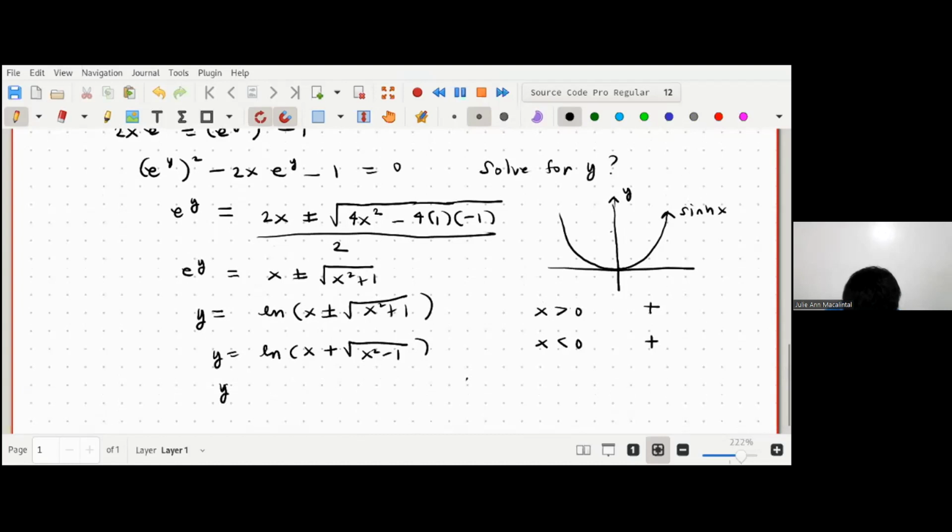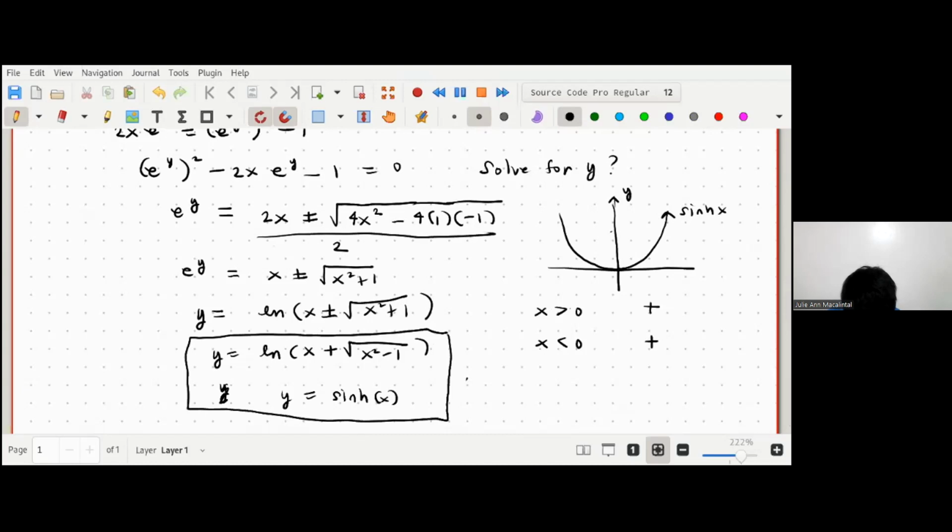Okay, so, just to check, no? Let's graph y equals hyperbolic sine. At saka yung ito. Check natin kung may symmetry nga talaga. So, x plus square root of x squared minus 1.